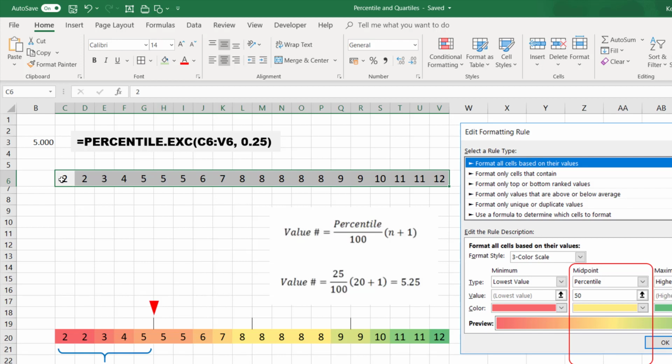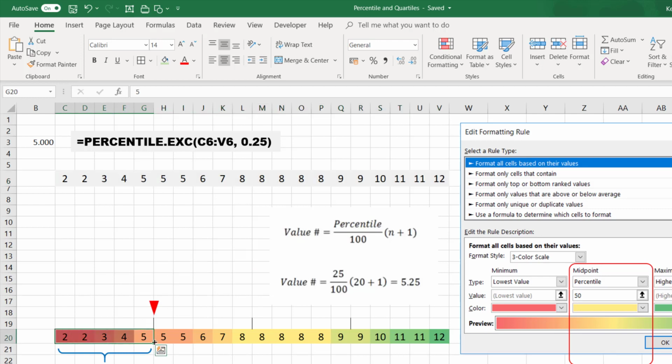So you can see that this is 25% of the whole data list. We want to know what number lies right between this 5 and this 5, so you take these two numbers, divide by 2, and you get 5. That is called the 25th percentile.